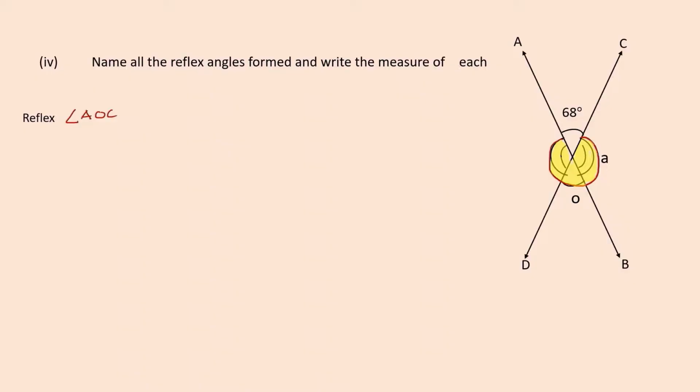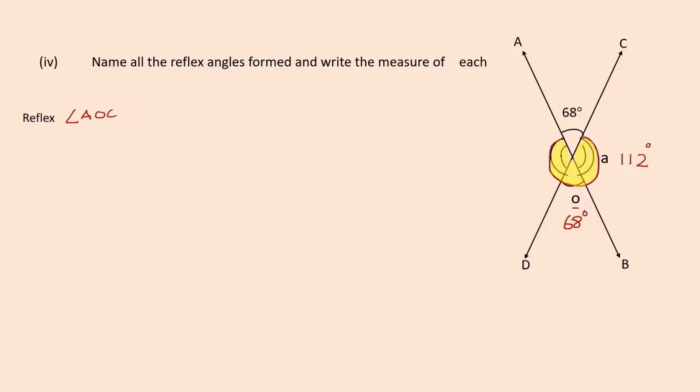First, let's find out the value of the other angles. Now, AOC is 68 and angle DOB is vertically opposite, so it will have the same measurement as AOC. So that is 68, and in the previous question we found out A to be 112.